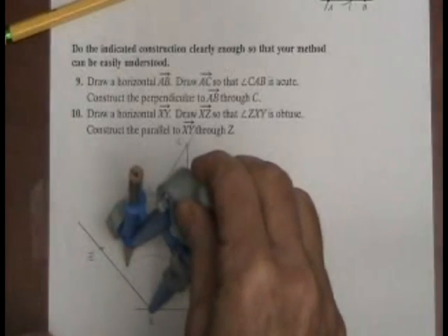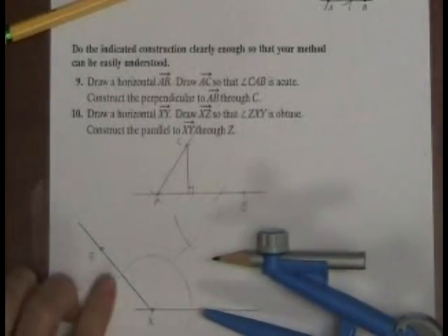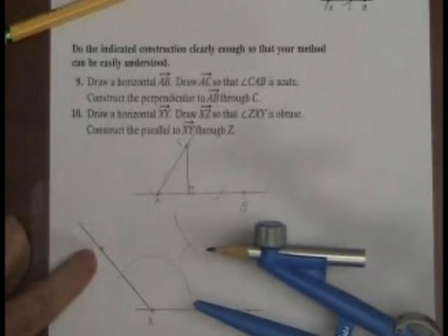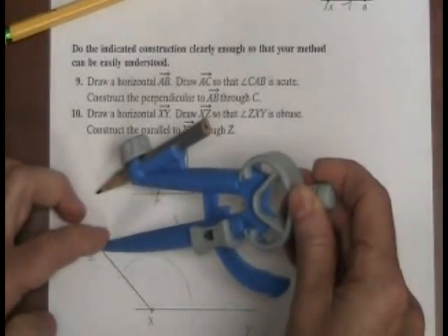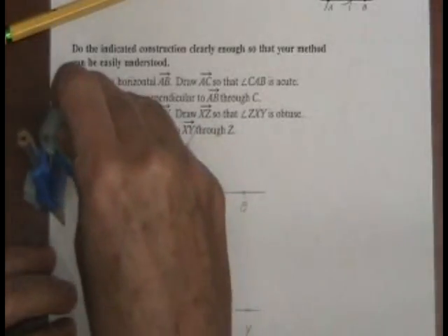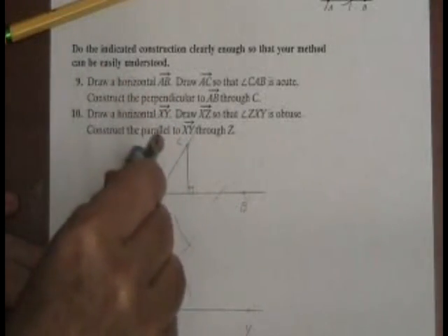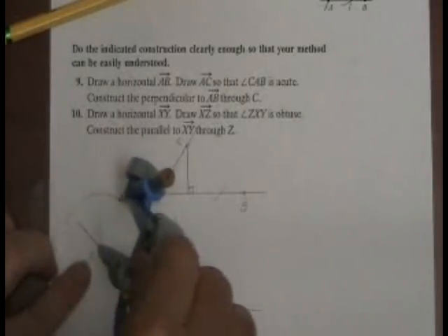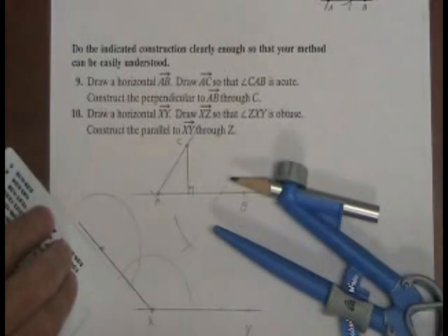Now with that same setting, see, that's what it looks like now, right? There's my arc. With this same setting, I'm going to do it from this point. Okay, so here I go, up here.